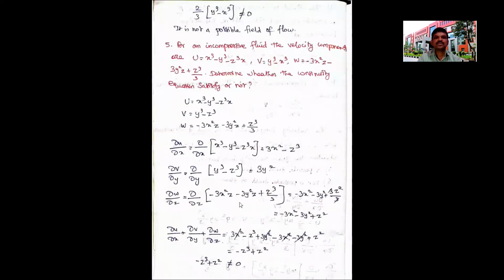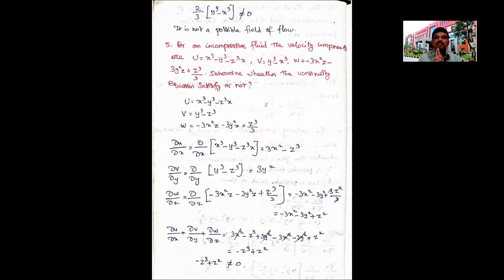Okay students, I think all of you understand these two problems. What you do: first write the given data. Next, write the formula, which means the continuity equation. The velocity components are already written in the given data.